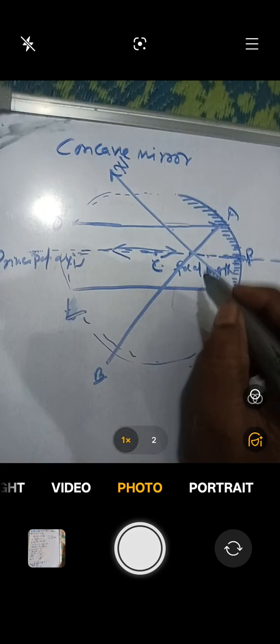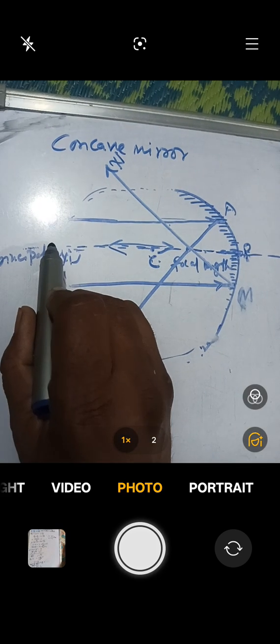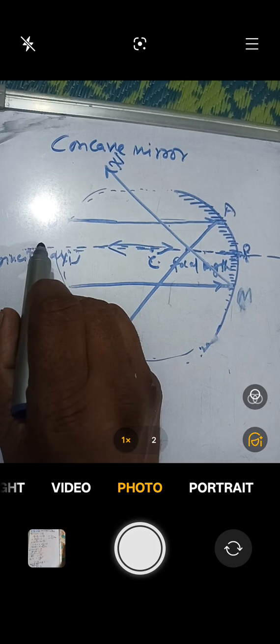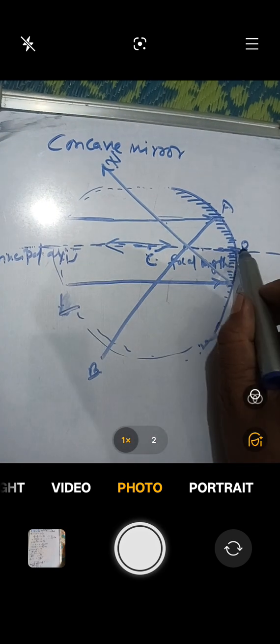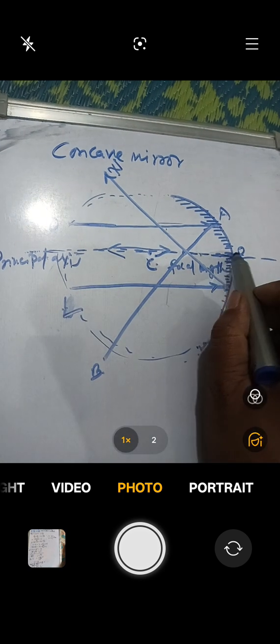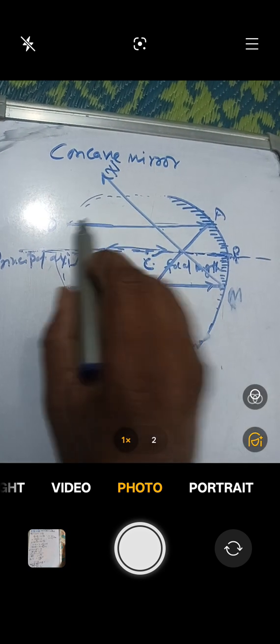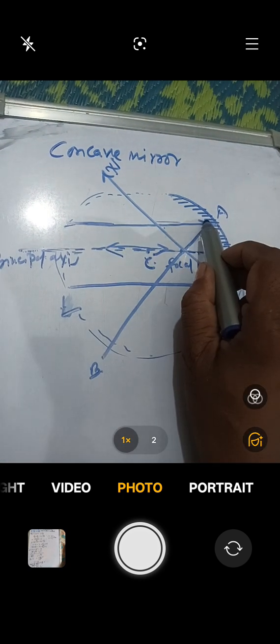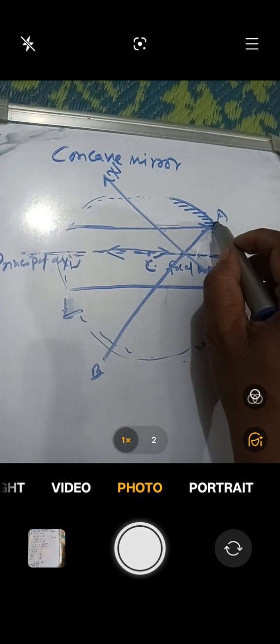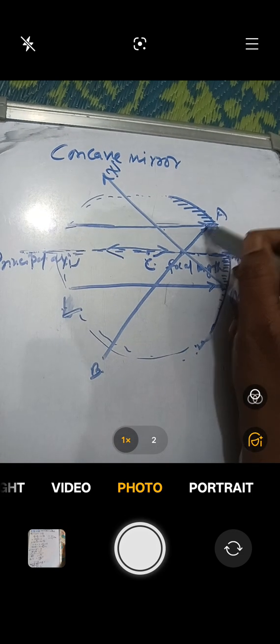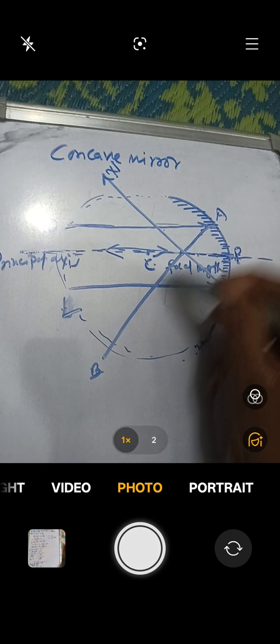So what we find is that the incident ray that went through the principal axis returned back after reflection through the same path. The incident ray OA after reflection from the concave mirror passes through AB, that is the reflected ray.